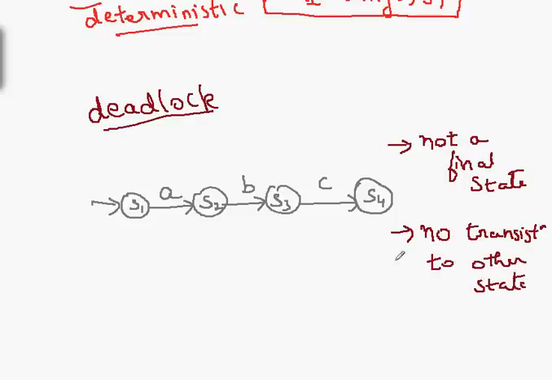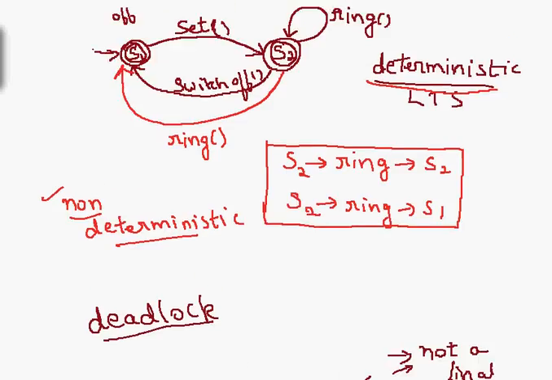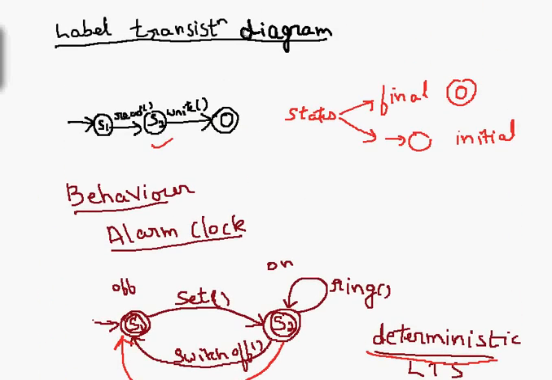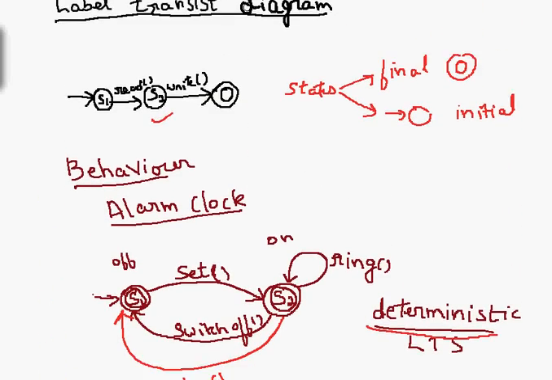If this is the case, then there is a deadlock. So S4 here is not a final state, and S4 has no transition to another state. So a deadlock can be represented using a simple labeled transition diagram. So with a labeled transition diagram we can show the behavior of a system.